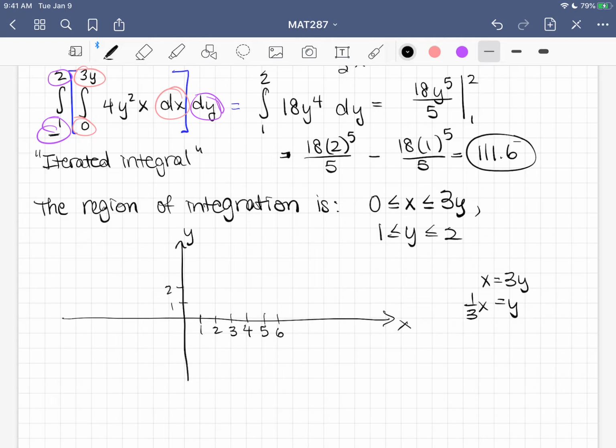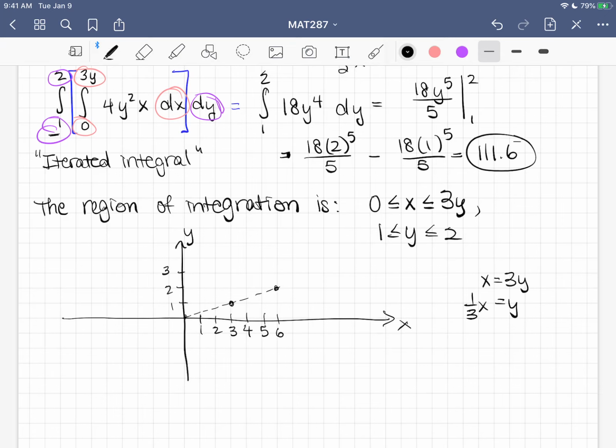So let me mark my axes real quick. So when x is 3, I get 1, and when x is 6, I get 2. And when x is 0, I get 0. So here's my line.